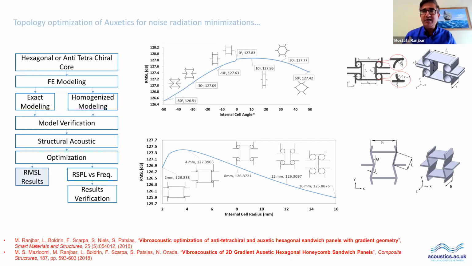Actually, I had the honor to give a talk about the application of homogenization in modeling of metamaterials for vibro-acoustic application almost two days ago in the UK Metamaterial Network. It was a very fruitful discussion. Maybe if you want, you can reach those videos as well. But here we are continuing. So either you are using exact modeling or homogenized modeling. Then you go to model verification and optimization and go on.